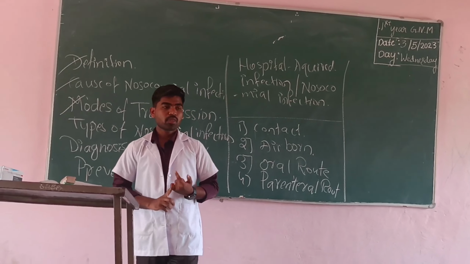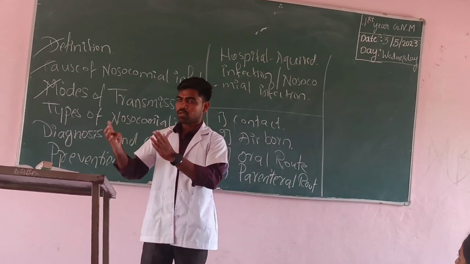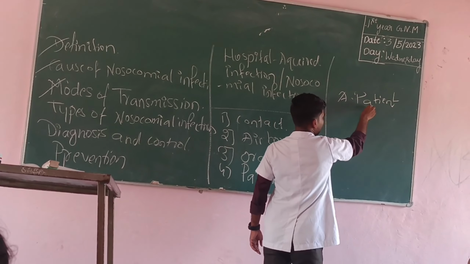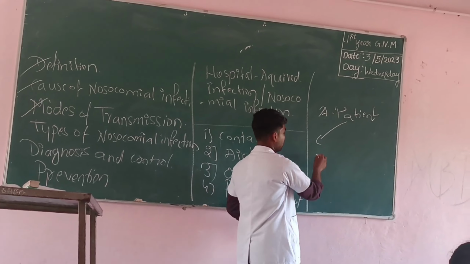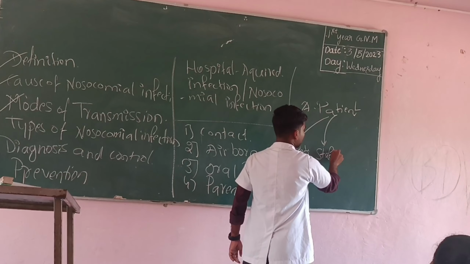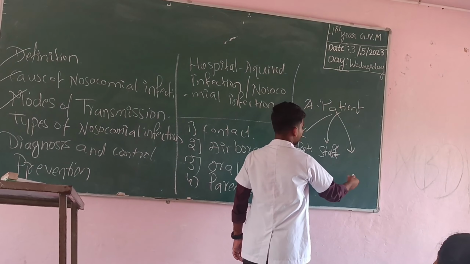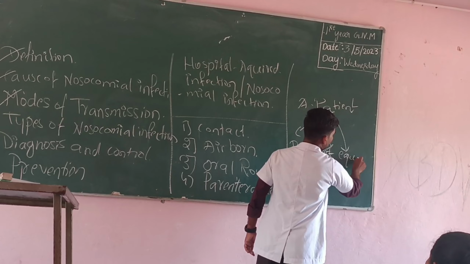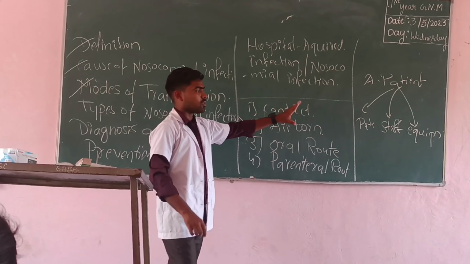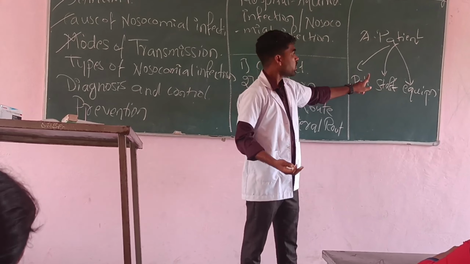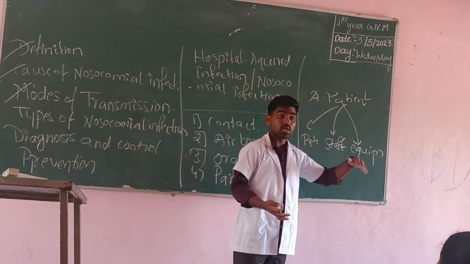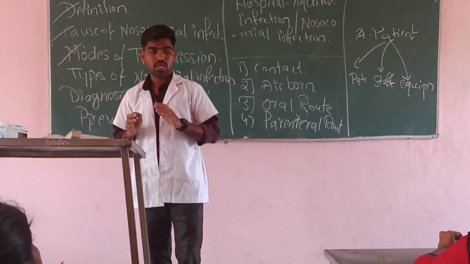Here there is one patient, and he can infect another person, meaning a patient can also infect staff, and infect equipment. Here is the contact method: patient to patient, that patient to staff, and that patient to equipment. The infection agent may be on the equipment and can be transferred.